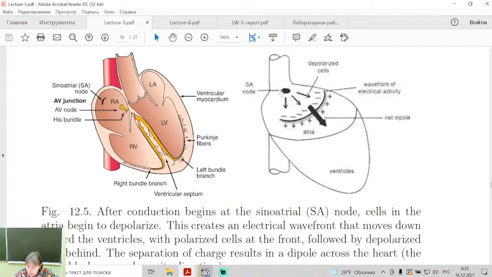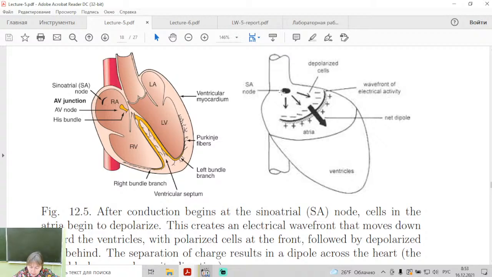Unlike non-pacemaker action potentials in the heart and most other cells that elicit action potentials, the depolarizing current is carried primarily by relatively slow channels.